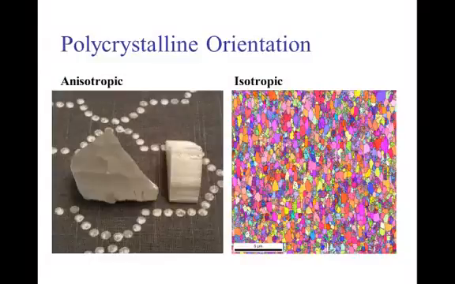For example, if all of the crystals in a component, an item, are all pointed in the same direction, like in this block of ulexite on the left, these crystals are all oriented in the same direction. And because those crystals have different optical properties in the 2 directions, we see the rock has different optical properties in the different directions, and it'll likely have different coefficient of thermal expansion, different strength, different stiffness.